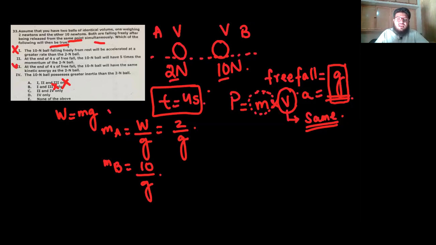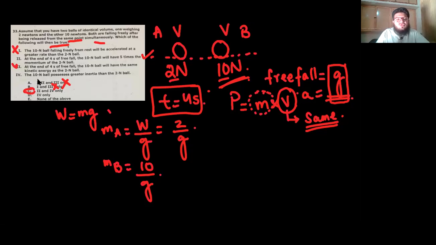The mass of this 10 Newton ball is 5 times more than the mass of the 2 Newton ball. So that means the momentum, since momentum is proportional to the mass, is gonna be 5 times more for the 10 Newton ball. And if it's gonna be 5 times more than that of the 2 Newton ball, then that means statement 2 is actually correct. And if statement 2 is correct, then the only option which includes statement 2 is option C, okay.